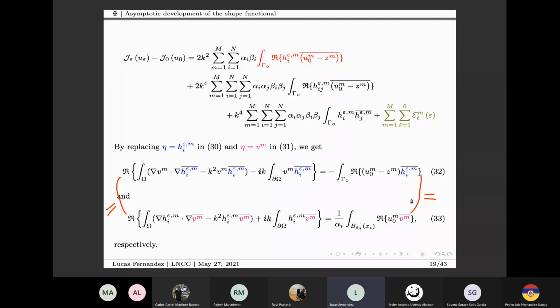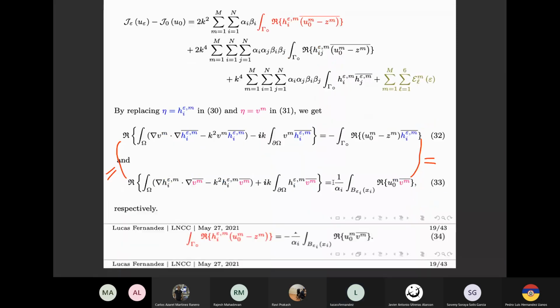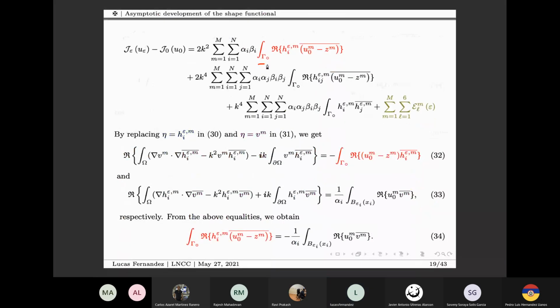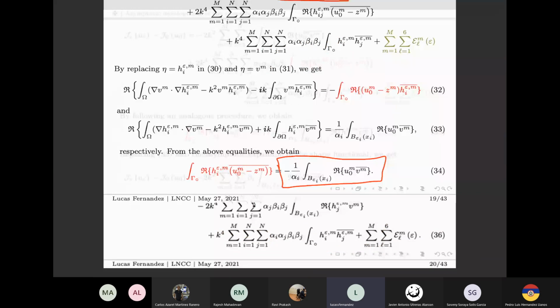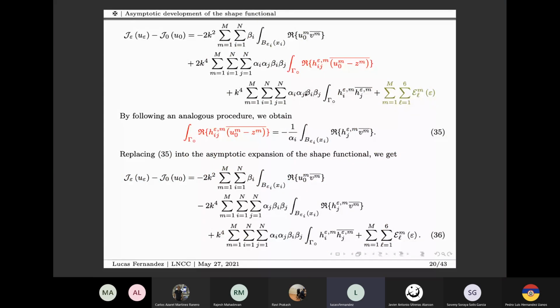Okay, and then we can replace this integral here by this expression in 34. Okay, right. By following an analogous procedure, we can replace this integral by this expression in 35.